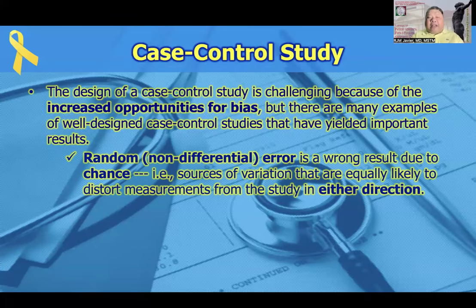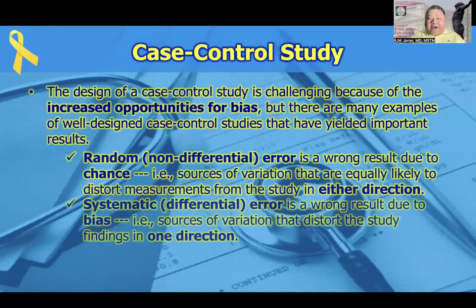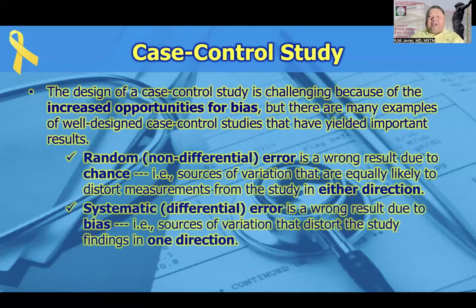In contrast, systematic errors are synonymous to bias. When I say bias, if this is the true relationship, it will always move the relationship towards one direction only. It will make the relationship stronger always, or it will make the relationship weaker always.